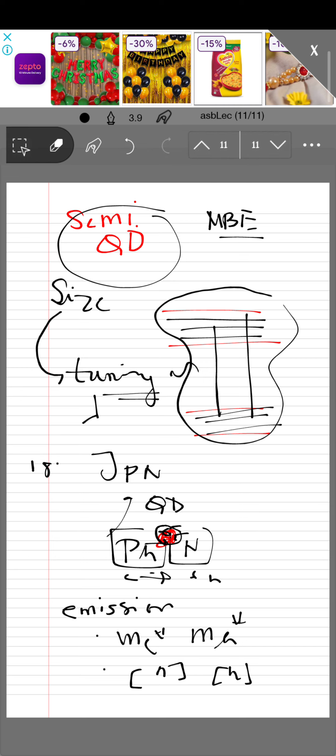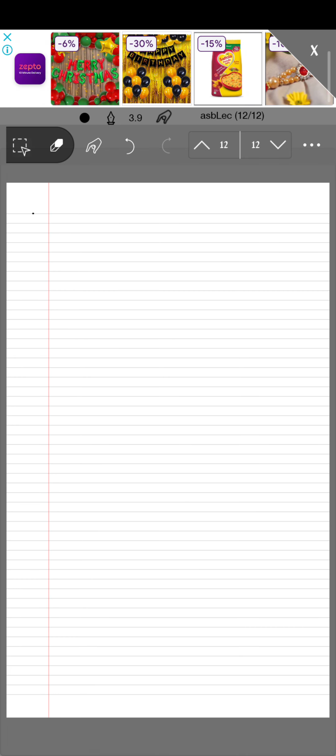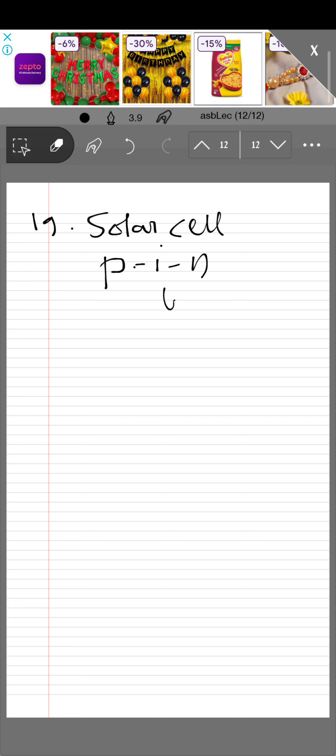Another application of quantum dots is in a solar cell, a PIN solar cell, where there is an extra intrinsic side, which is usually undoped.